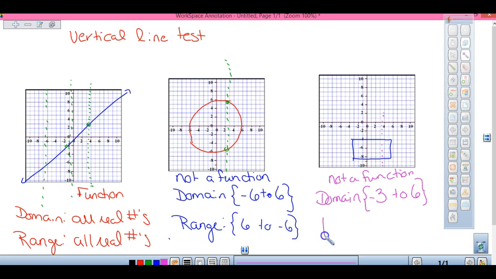And my range, or my y's, goes from -4 to, I think that would be -9, right here. Yep, my outer limit.